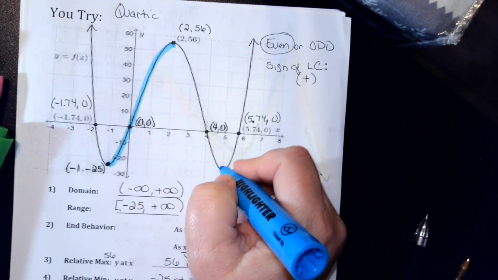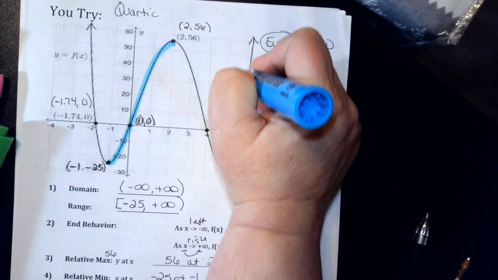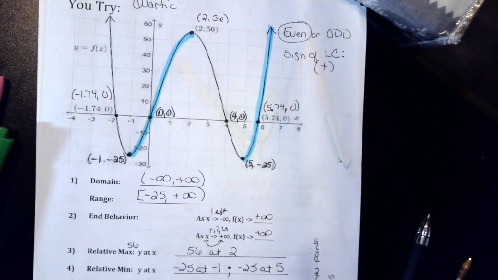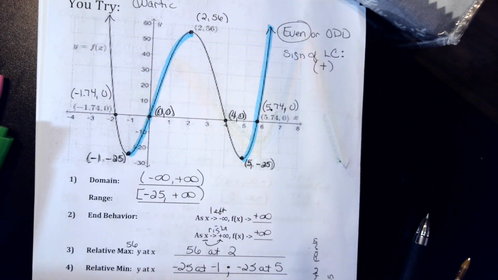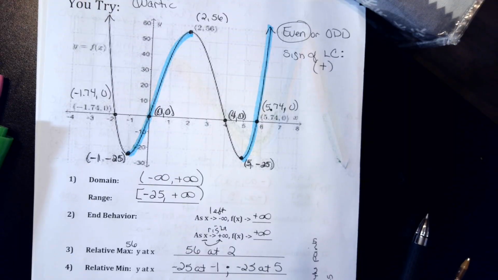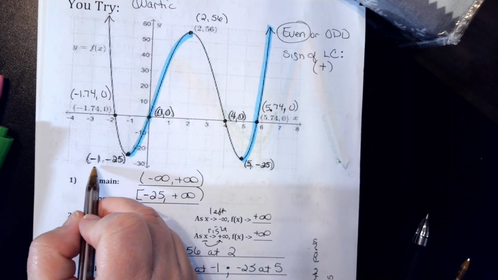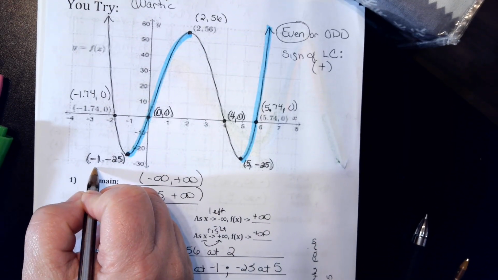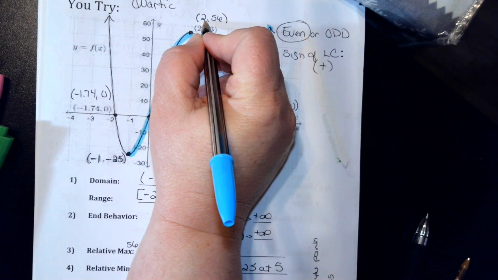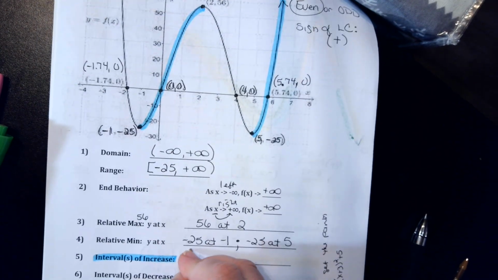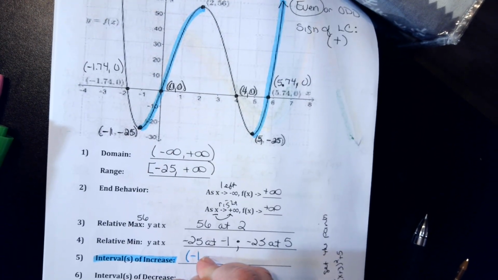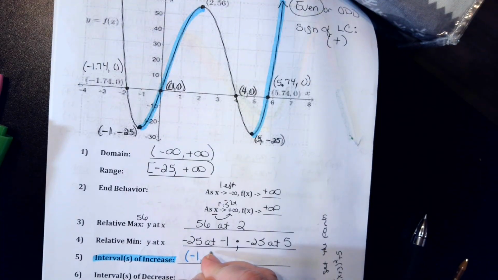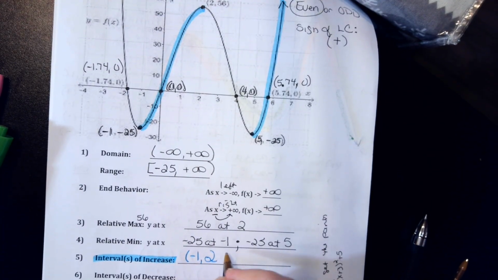Hit this vertex and start walking uphill. So we have two intervals of increase. From what x value to what x value? From -1 to 2. So here, -1 to +2.